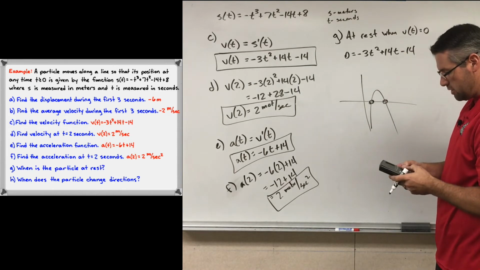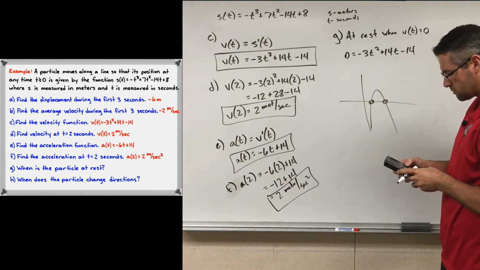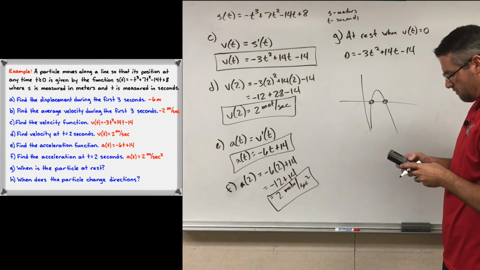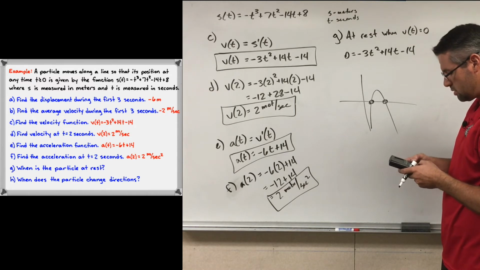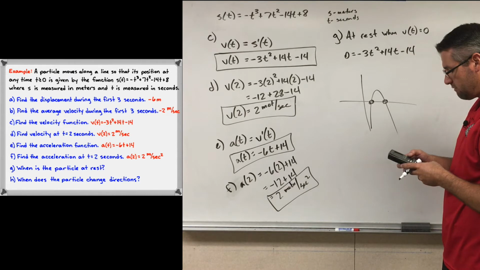So we're going to take our calculator, find our zeros, have our lower bound here. If I can find my cursor. My cursor's hiding from me. Change my window to 10. That way I see a little bit better of the graph. There we go. Okay.